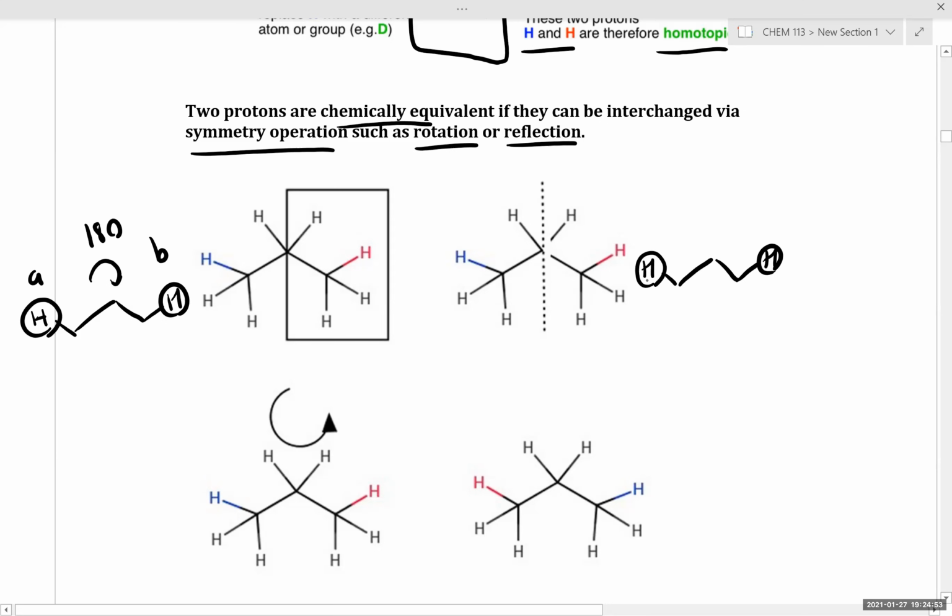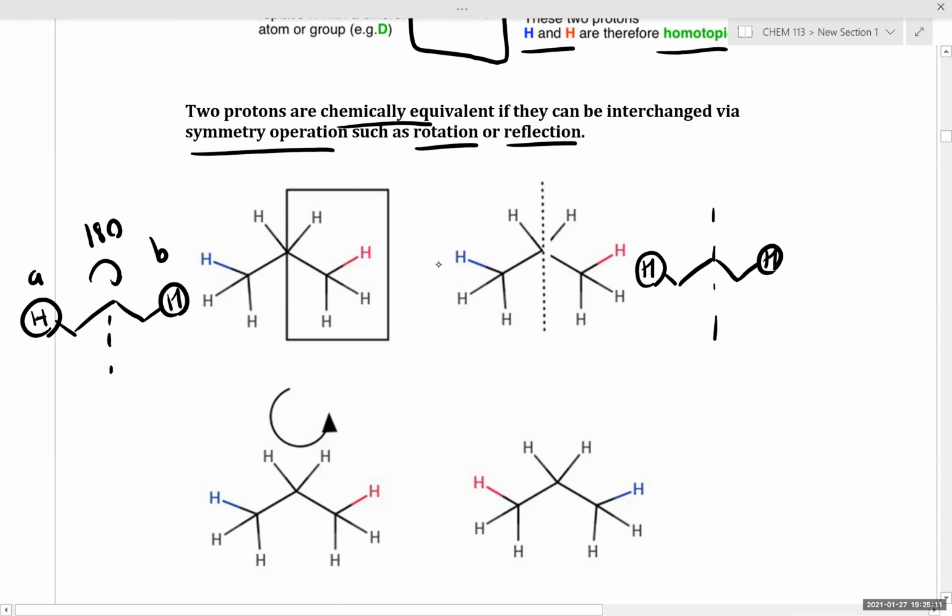Without the labels, is there any difference between this structure before and after rotation? Are these two protons distinguishable, or are they identical? They're identical, exactly right.